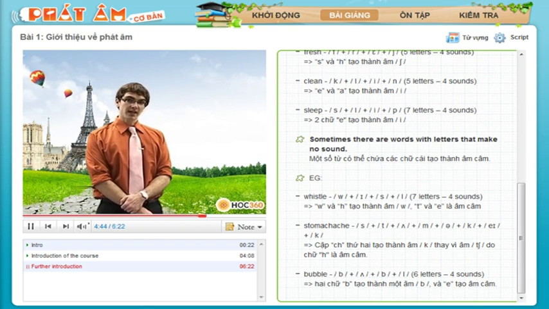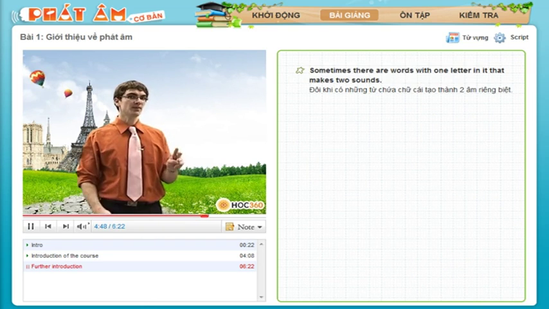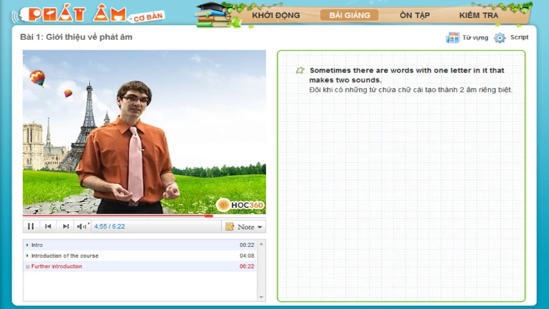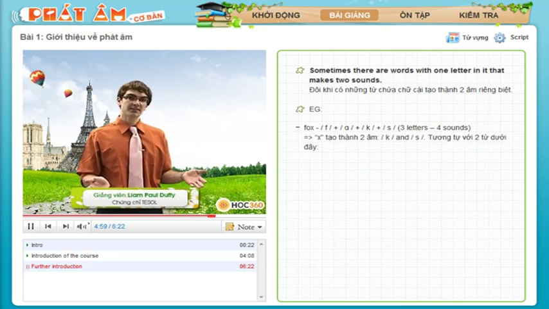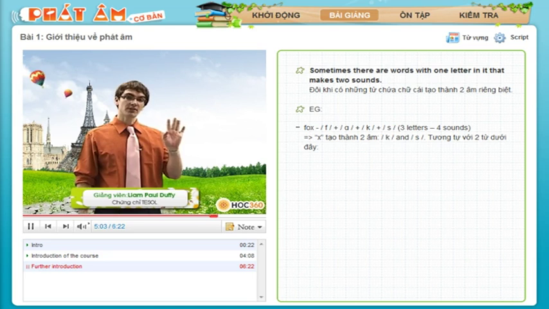Sometimes you're going to have a word with 1 letter in it that makes 2 sounds, so that can be even more confusing. A couple of the most difficult ones involve the letter X. So, how about this word? Fox. F-O-X. Even though there are 3 letters, there are 4 sounds.